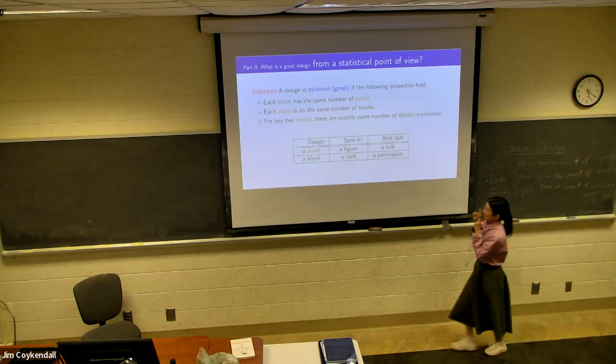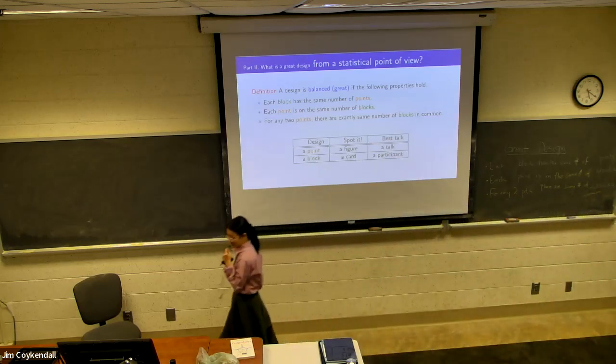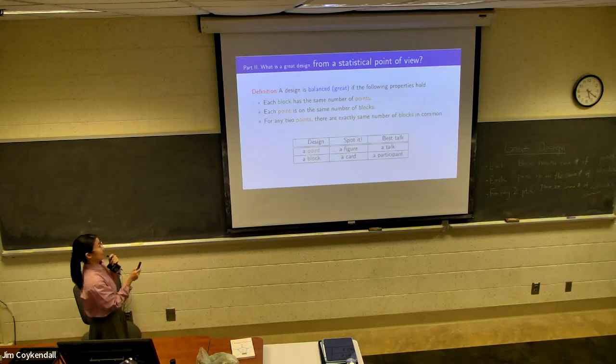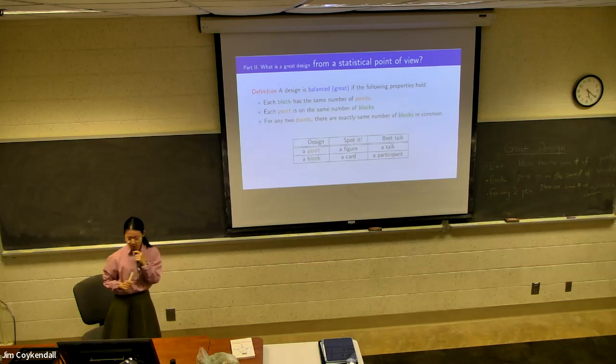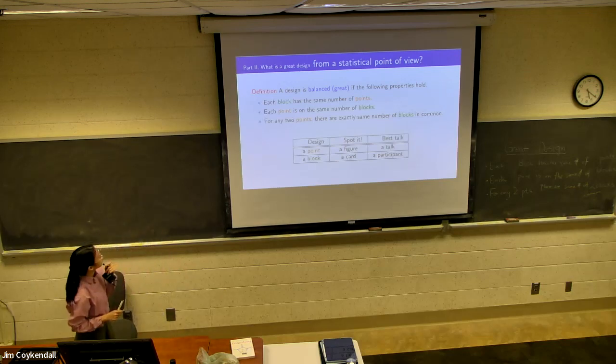Okay, so this grade design should be great in a statistical sense and also in a sense when you make your game spotted. You can also check here. These are all the requirements that you want.